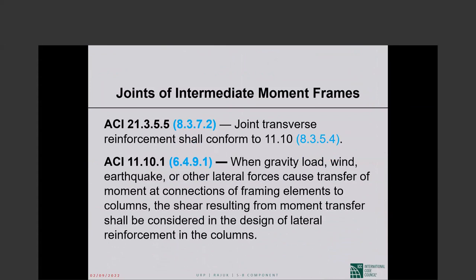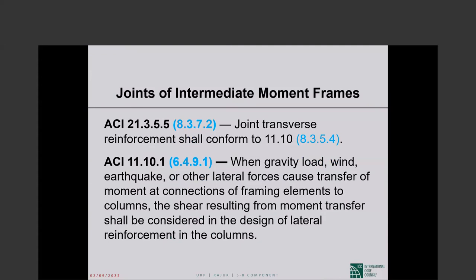Okay, last topic, joints of intermediate moment frames. There isn't much of a requirement up until 318-19 has changed everything, but that's in the future for you. Okay, when gravity load, wind, earthquake, or other lateral forces cause transfer of moment at.